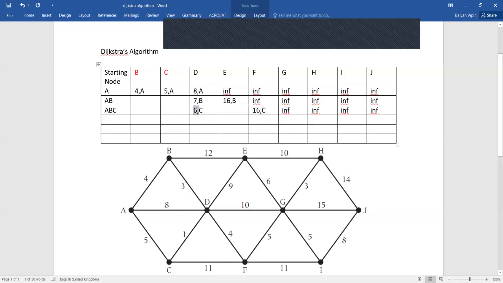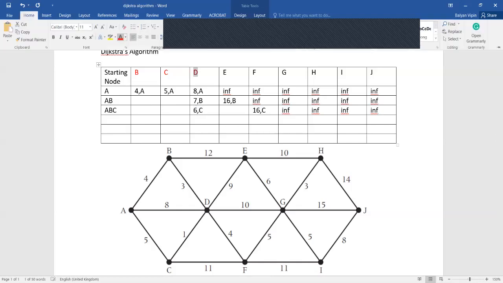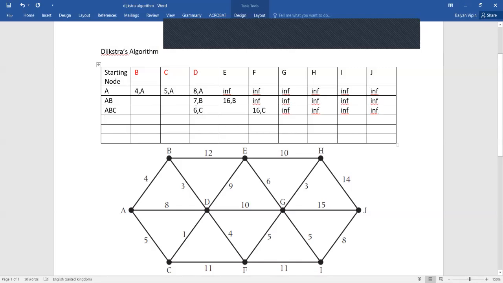You cannot figure out which infinite is larger or smaller. All infinite are same. So if you compare these three, the minimum cost is by D. Select D, change the color to red, and then you write it here, A, B, C, D.